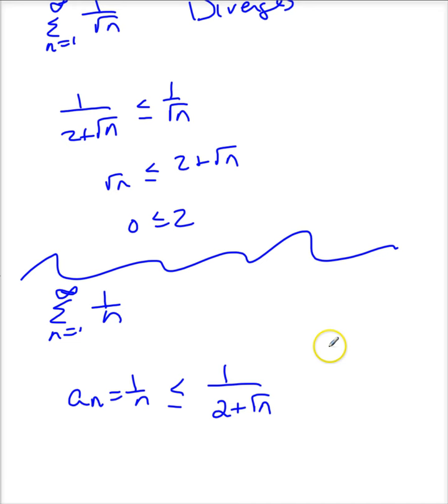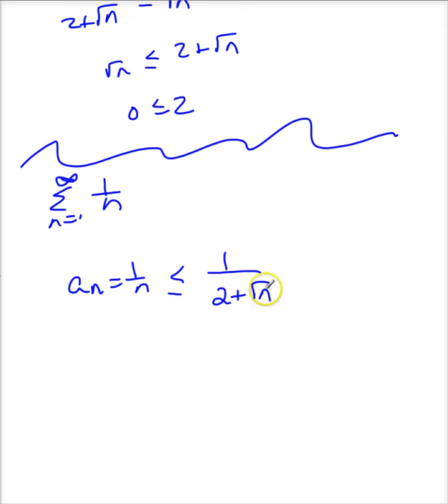And for this one, we're going to have to restrict it. And let's see where we have to restrict it, because we really care about the sum. So let me see if this is true. 2 plus the square root of n is less than or equal to n. And I see that for n greater than or equal to 4, this is always going to be true.